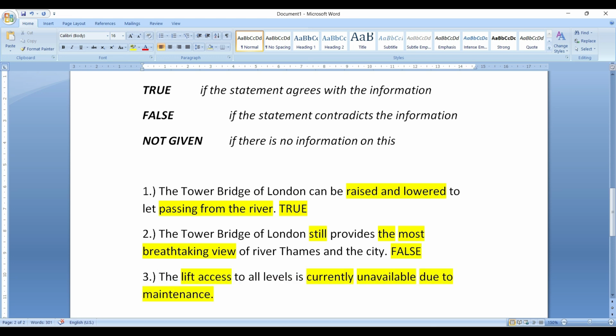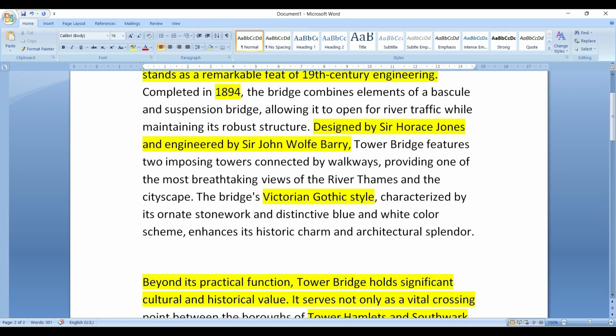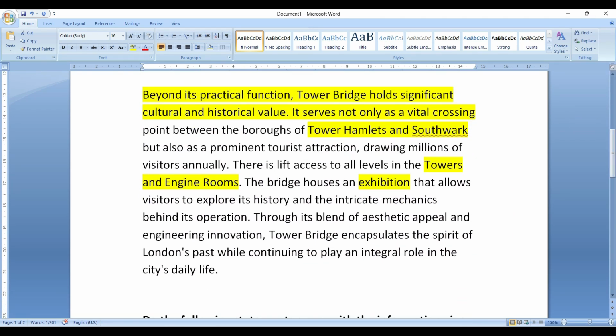So let's see in the text, I don't know. Let's go. We don't have anything else. We stopped here. The breathtaking view. We don't have anything else here. We talk about Gothic styles, so nothing about lift access. We will move on to the second paragraph. We know the first 2 lines. It didn't say anything about a lift. Again, we have a bunch of names. Oh, here it is. There is lift access to all levels. Yes, okay.